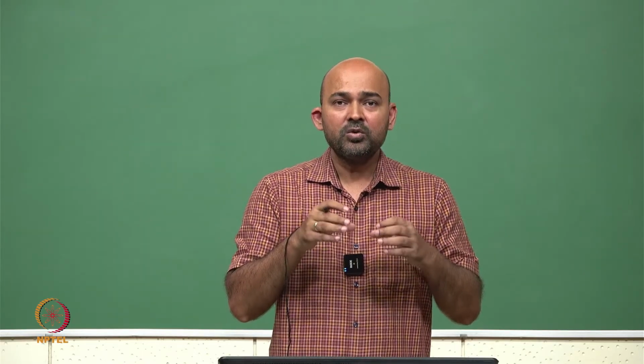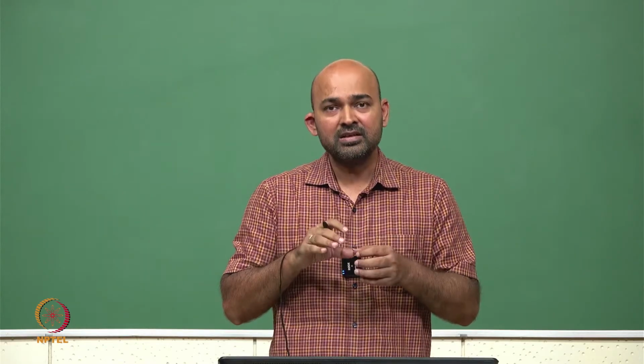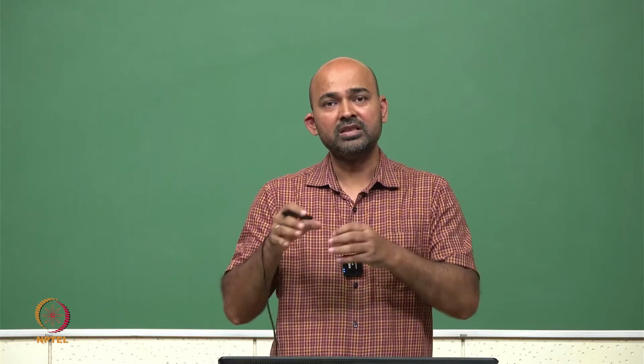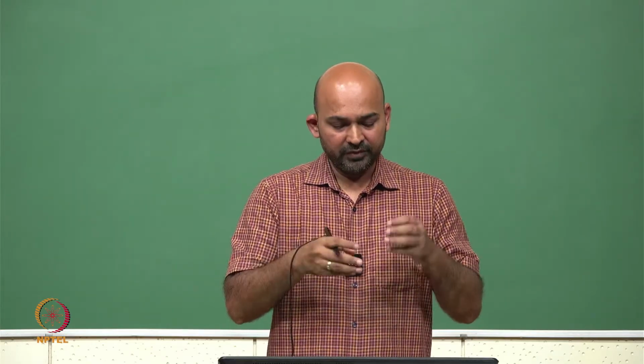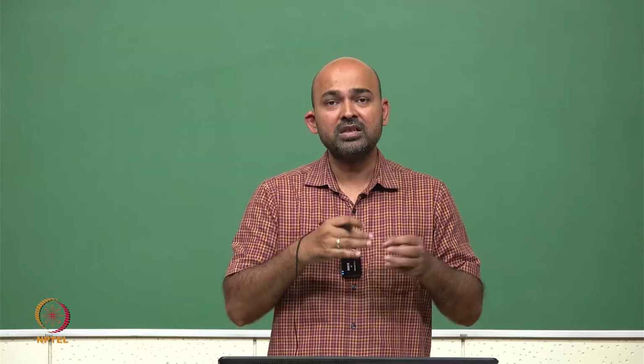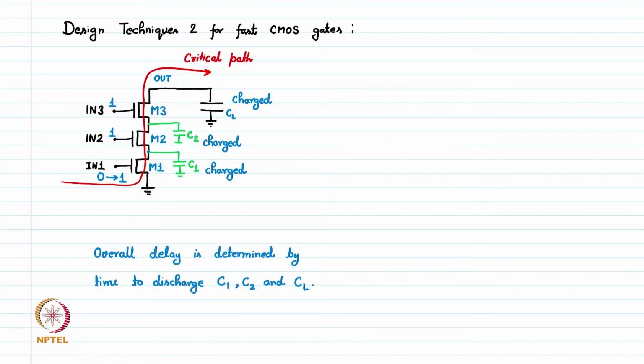In that case, the time required to discharge CL is less compared to discharging CL, C1 and C2. So, if we rearrange the MOSFETs in such a way that the MOSFET for input 1 comes very close to the output node, in that case we have lesser delay in the circuit and the critical path is a little faster than this critical path. So, let us see that in this circuit.